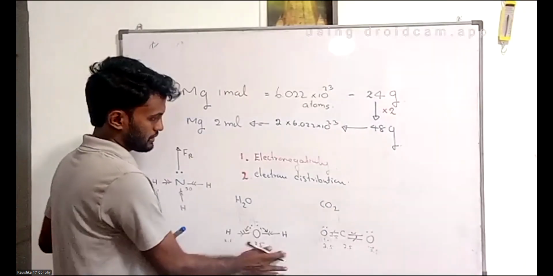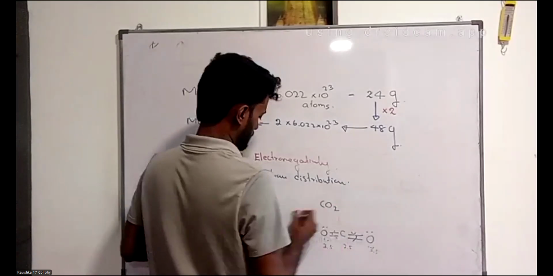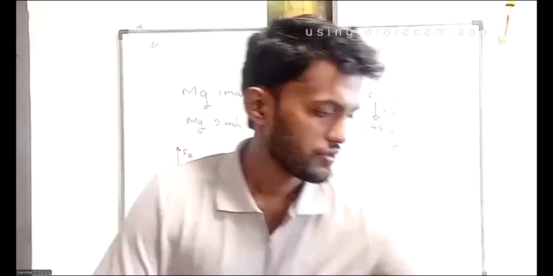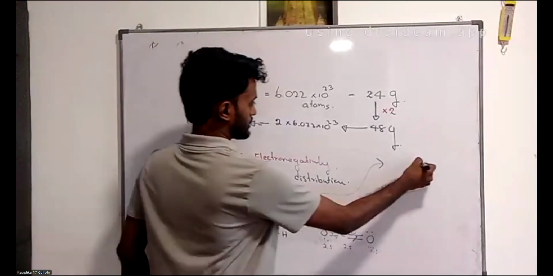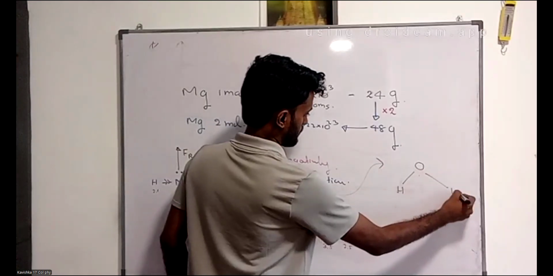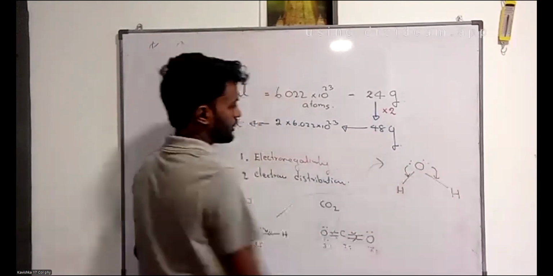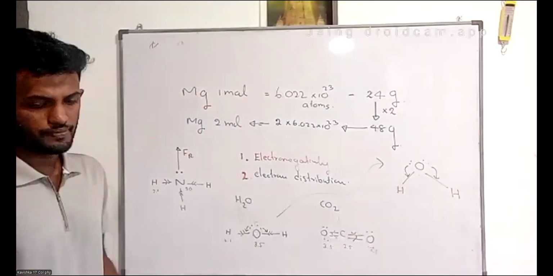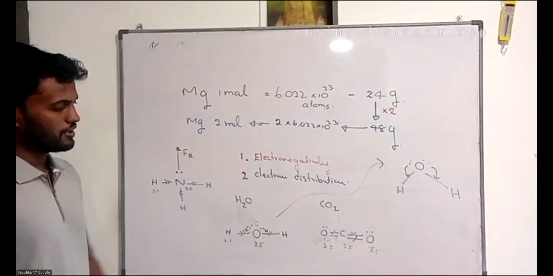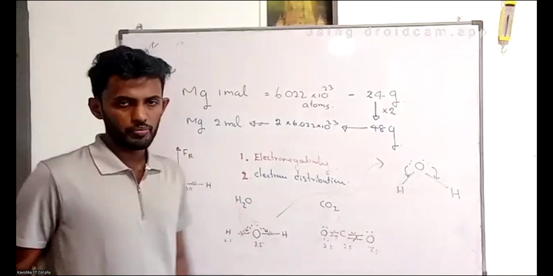I don't think that's clear for you, so I'll draw H2O here. It gets a shape like this because these lone pairs repel bonded electrons. Right? That's why it gets that kind of shape. But carbon dioxide is not like that because it has no lone pairs.